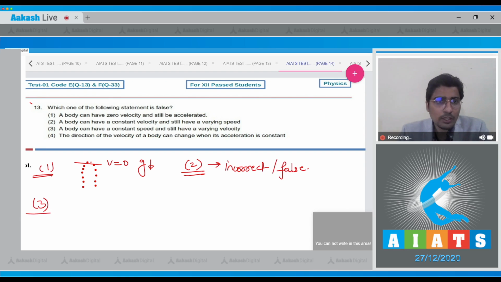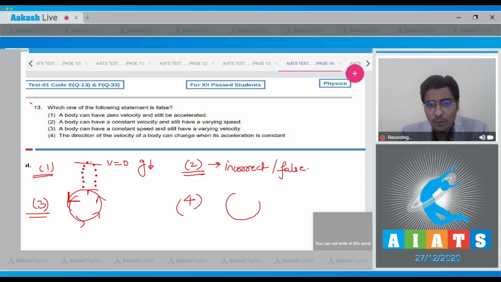Now moving on to statement 3. It says that a body can have constant speed and still have a varying velocity. This is possible. For example, in a circular motion with constant speed, at any instant the velocity's direction is changing, therefore the velocity is variable. The fourth option says that the direction of velocity of a body can change when its acceleration is constant. It is also true.